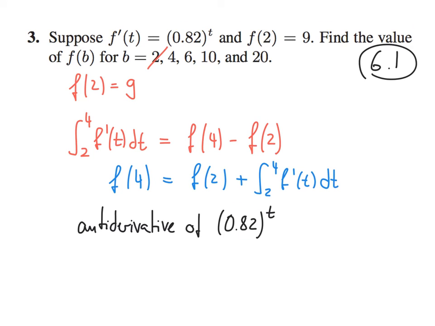And we just do a little trick of rewriting it as e to the ln 0.82 times t. Remember, any kind of power function can be rewritten as a power function with base e in this form.